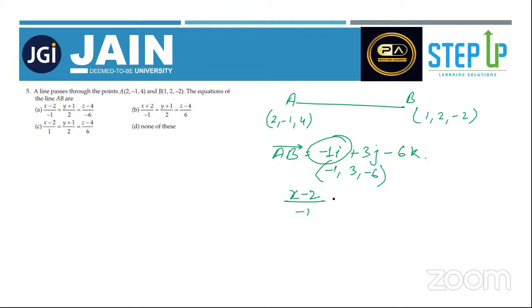So x minus 2 by minus 1 is equal to y minus 3, y plus 1, all divided by 3, and z minus 4, all divided by minus 6.